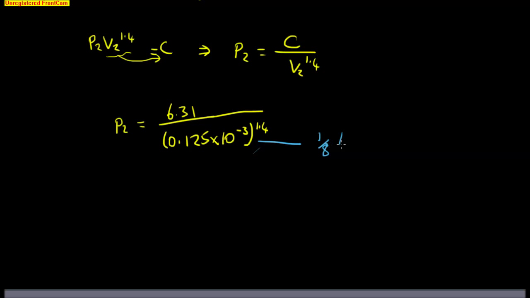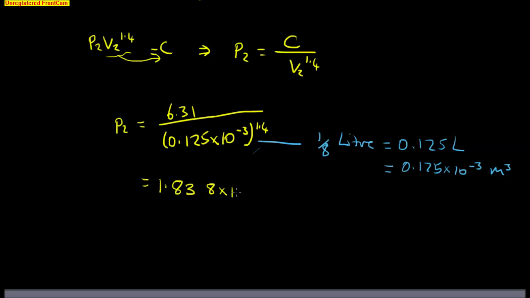Of course, this is in meters cubed, not in litres, so it's 0.125 by 10 to the minus 3 meters cubed. So this works out as 1.838 by 10 to the 6 newtons per meter squared, or 1.838 megapascals.